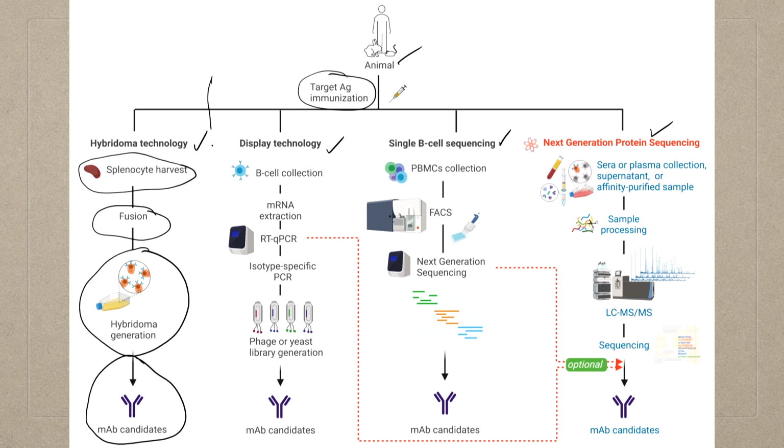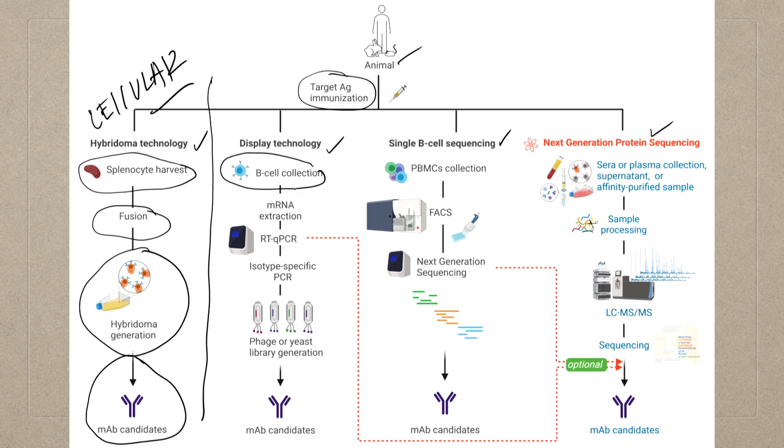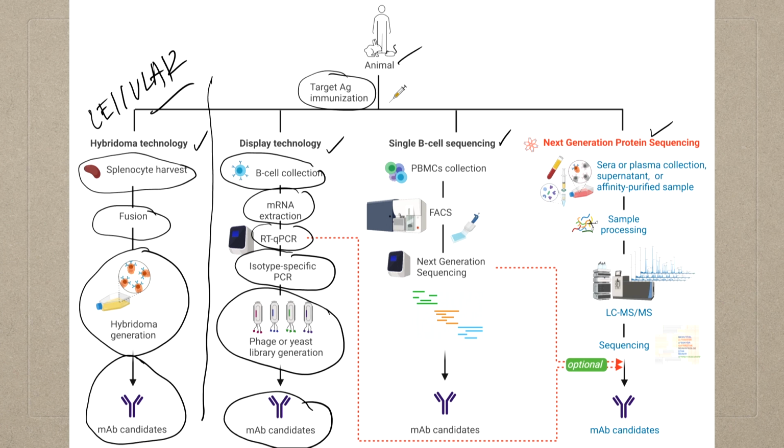This is the cellular technique, hybridoma. Then you have the display technology, where you have B cell collections, mRNA extraction, RT-qPCR, isotype-specific PCRs, phage or yeast library generation, and molecular antibody or monoclonal antibody candidates.